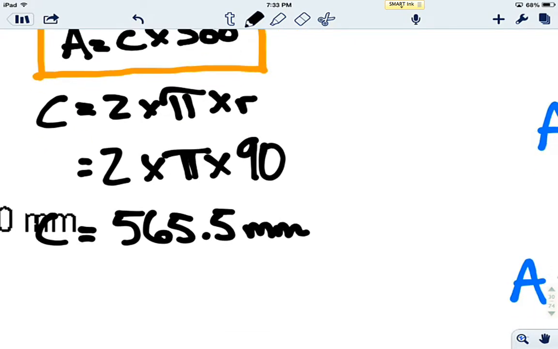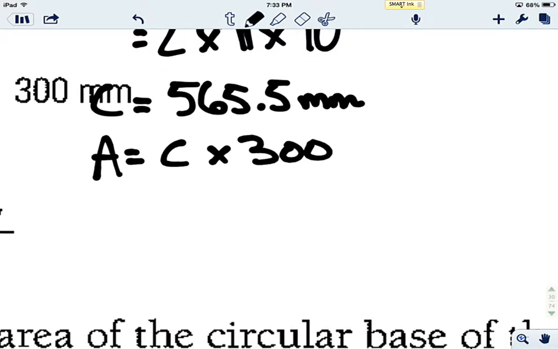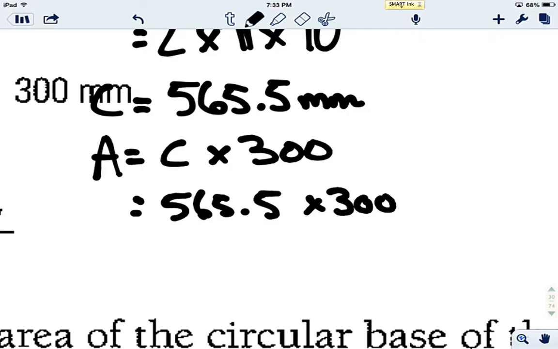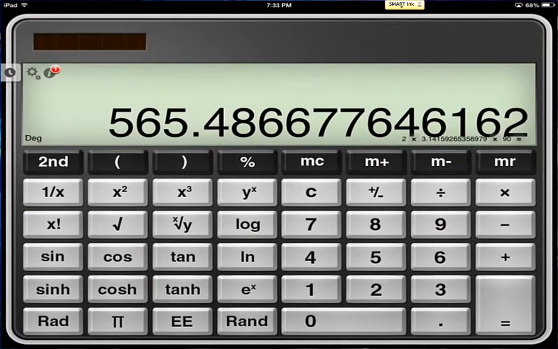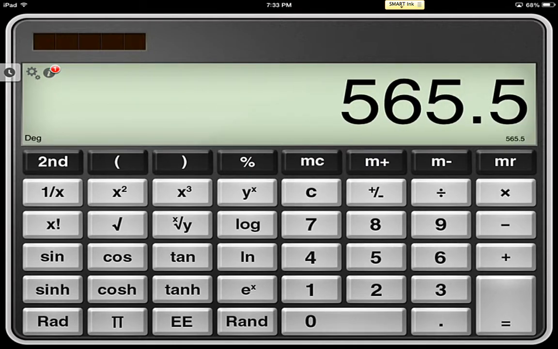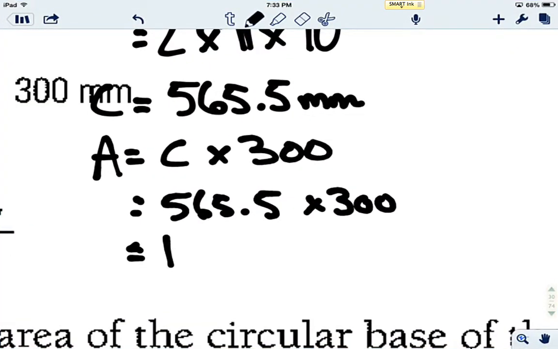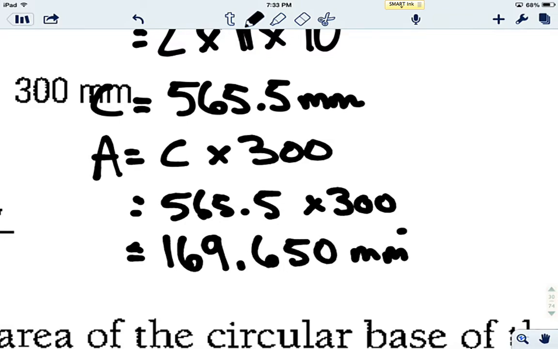My C value is 565.5, so 565.5 times 300 gives 169,650. This is an area measure, so it's millimeters squared.